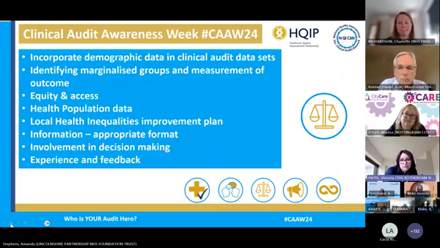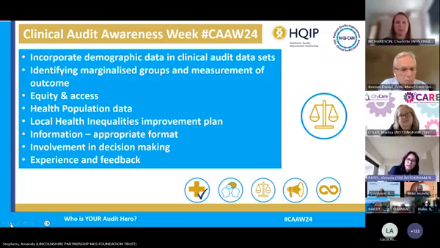Can all of our patients access our service in the most equitable way for them? And where we are identifying that difference, that we are then starting to build those improvements into those improvement plans, and that we do actually go back and involve our patients and public in terms of their perspectives of have we actually got that right.